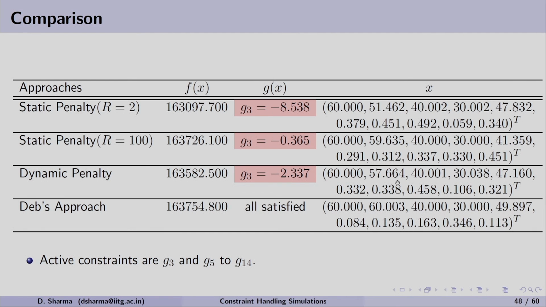The corresponding x vector is given in the last column. But when we use Deb's approach, all the constraints were satisfied, and that is why the function value we found is the best known so far in the literature. Similarly, if we look at the other constraints, we found that G3 and G5 to G14 were all active when solving the problem using Deb's approach.